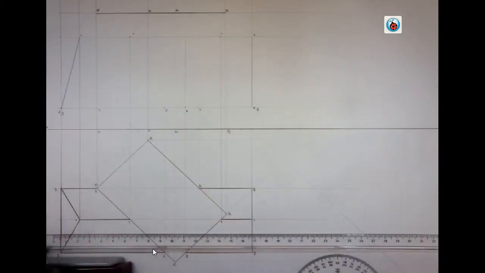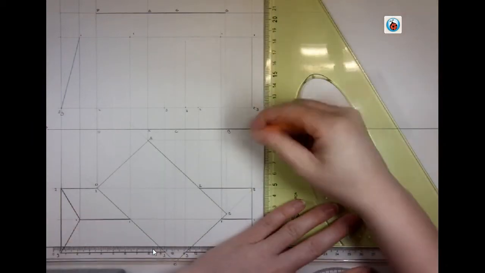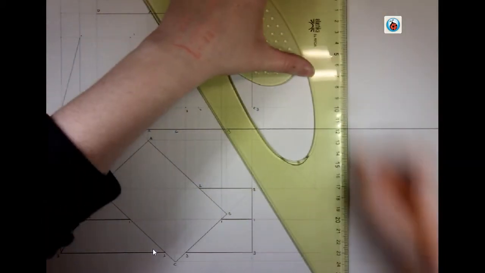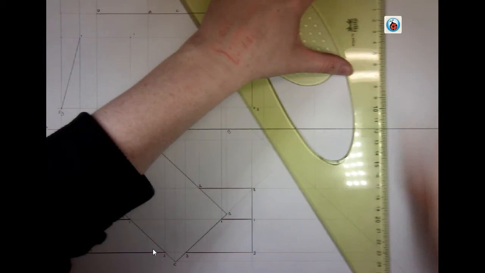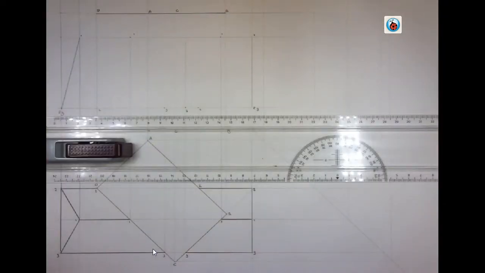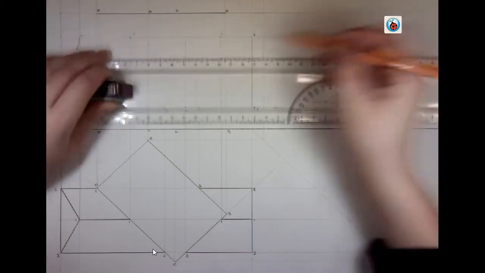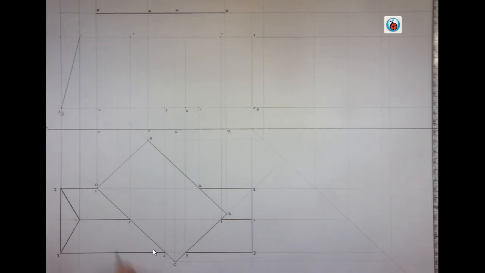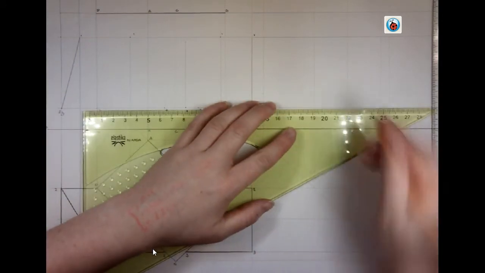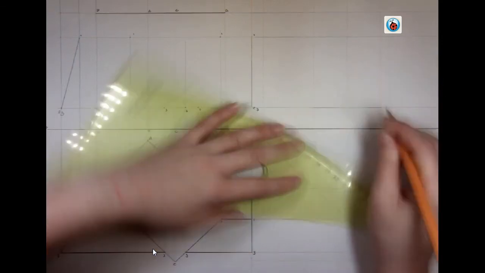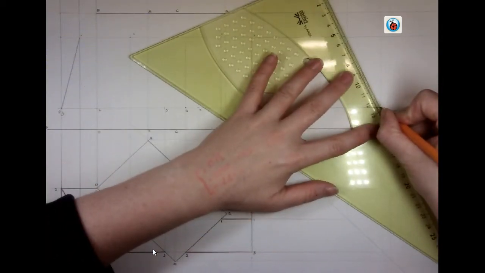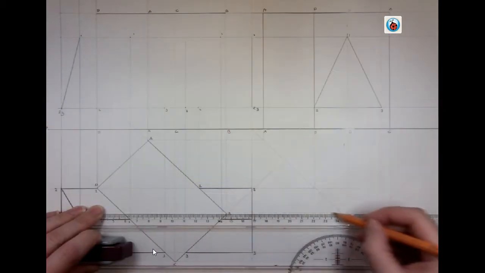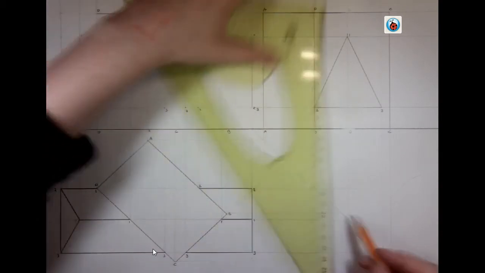Where it hits my 45-degree line, we're obviously going to go straight up vertically. And my heights are going to come from my elevation, as well, and where it hits a 45-degree line, bring it straight up.